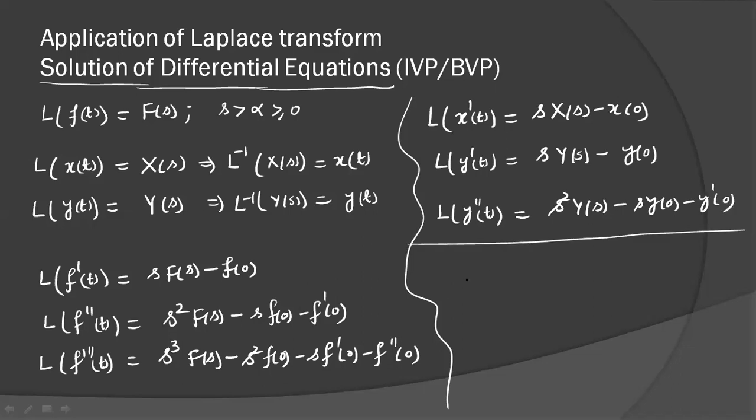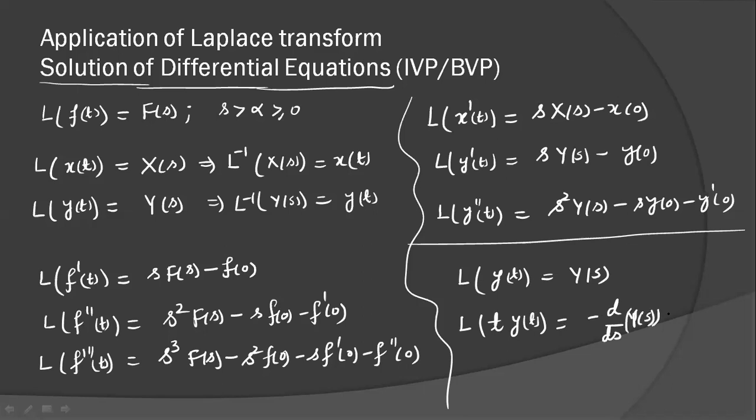Some other points are important. I told you the Laplace of y(t) is Y(s). Then if you multiply by t, it was the multiplication property, minus d by ds of the Laplace, which means minus d by ds of Y(s), or you can write minus Y dash s because you are differentiating with respect to s.